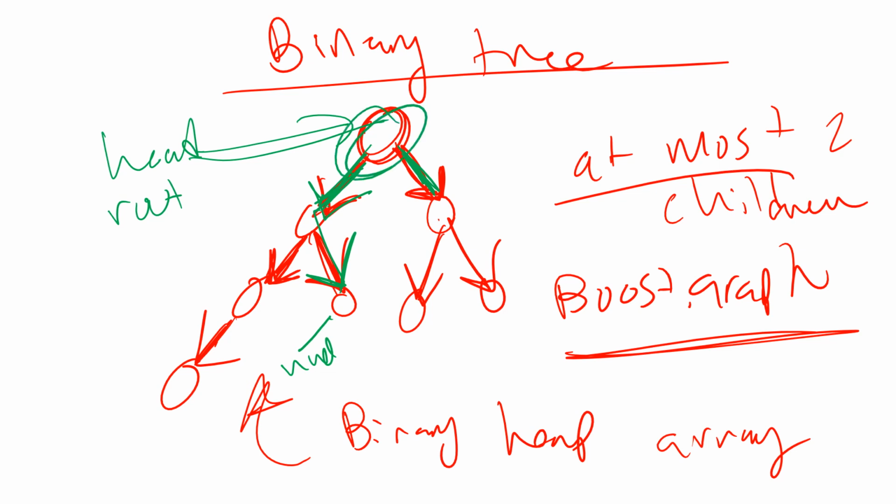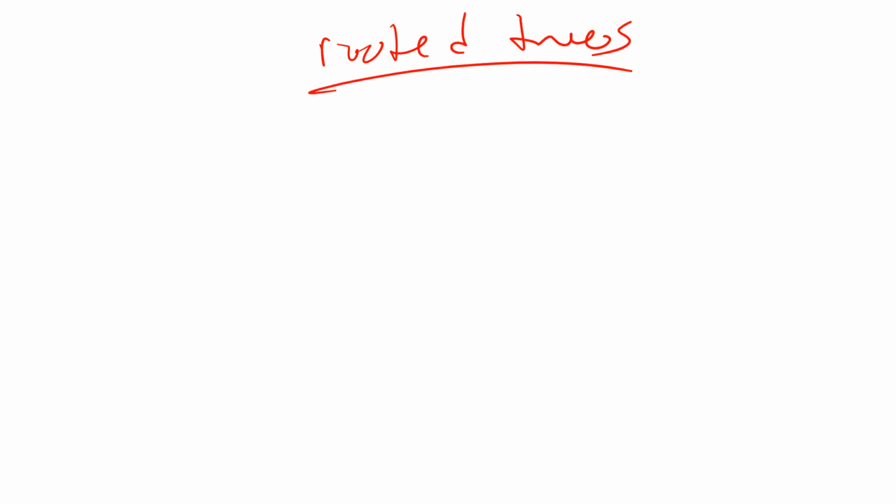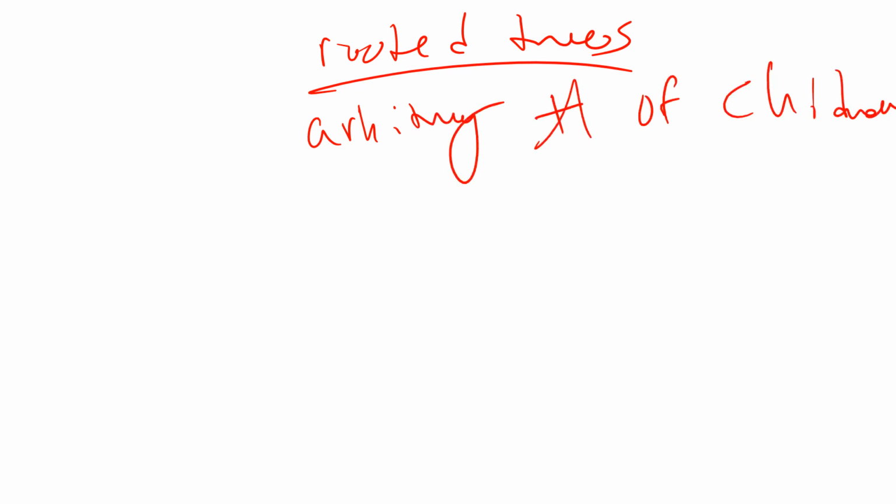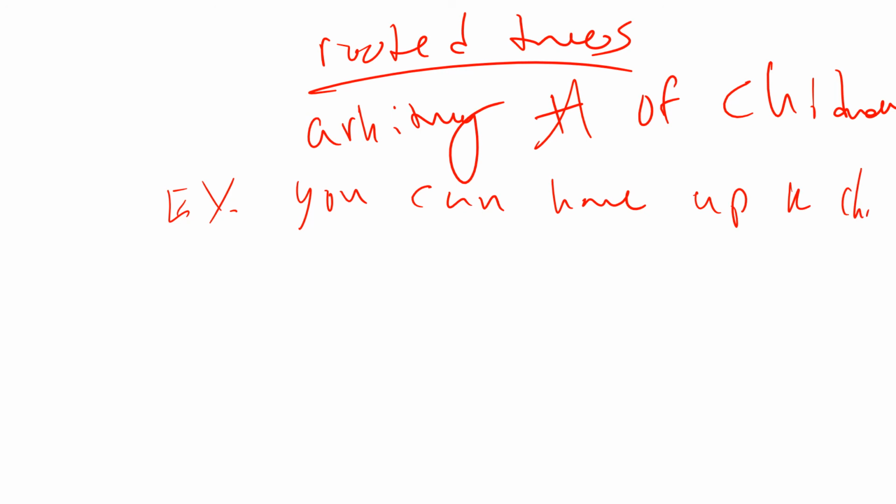Okay. Here's kind of a fun little side note to end the chapter: rooted trees, which have an arbitrary number of children. Not just two, not necessarily just two, but let's say you can have up to, just as an example, k children.